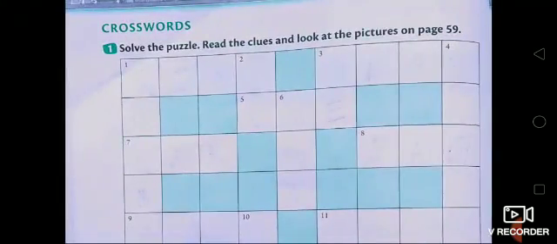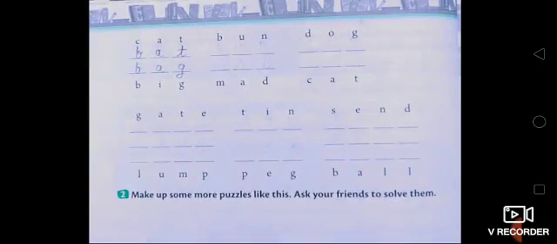Children, when we see the grid, we need 4 letters. As you can see, the answer will be here. The opposite of there is here. So fill them in the blanks. Okay, similarly you have to solve these crossword puzzles.